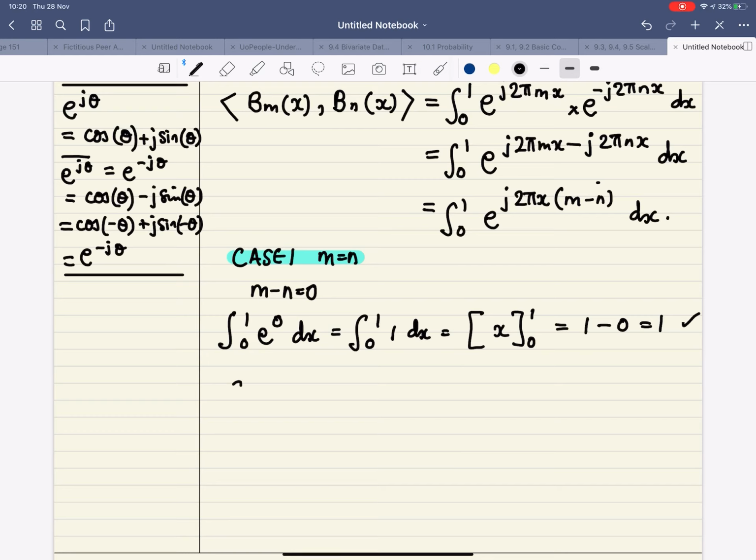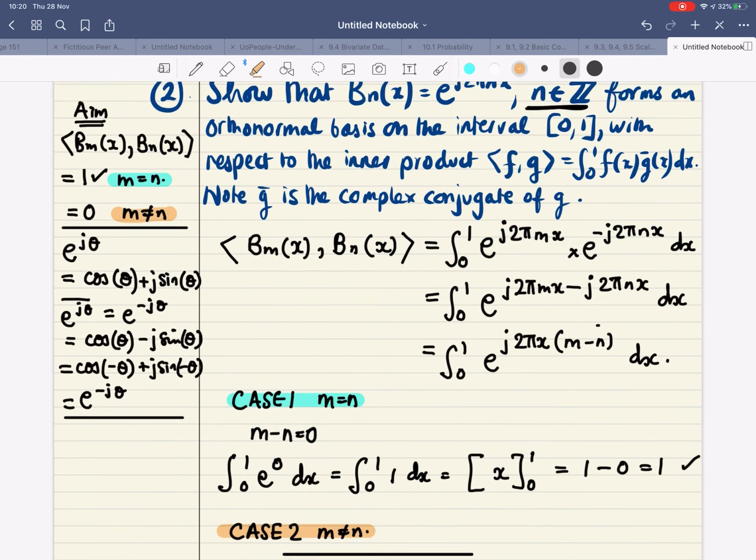So case 2, m is not equal to n. It needs to be equal to 0.